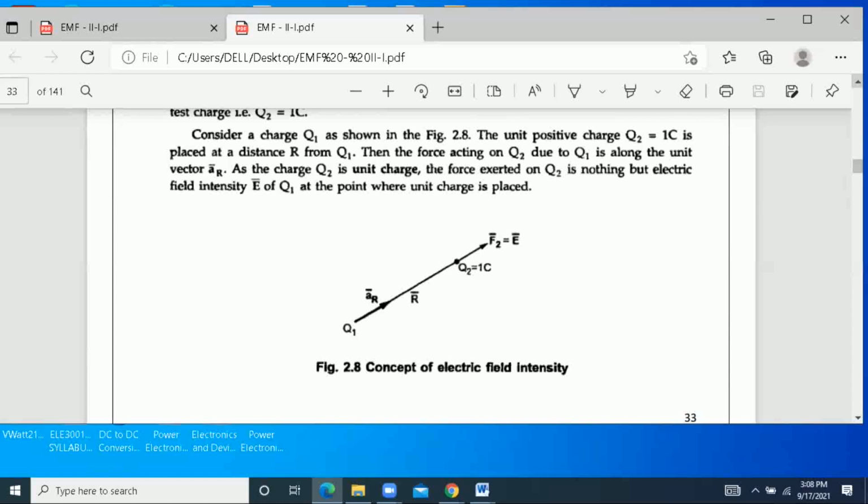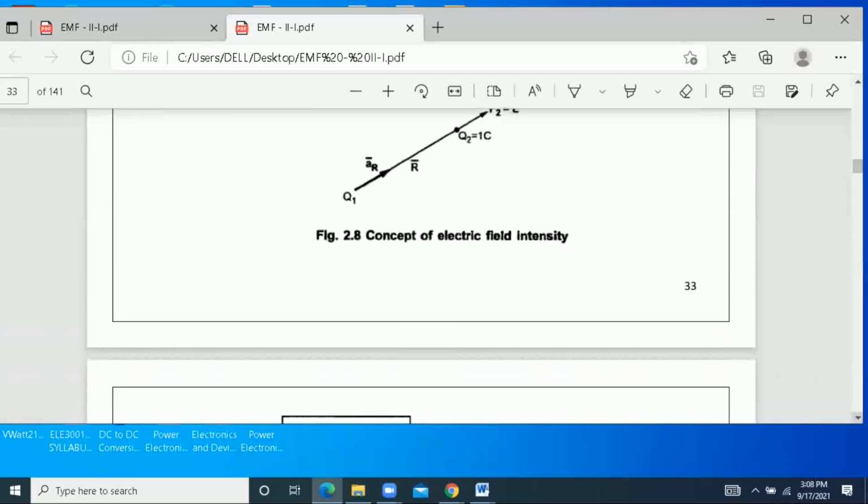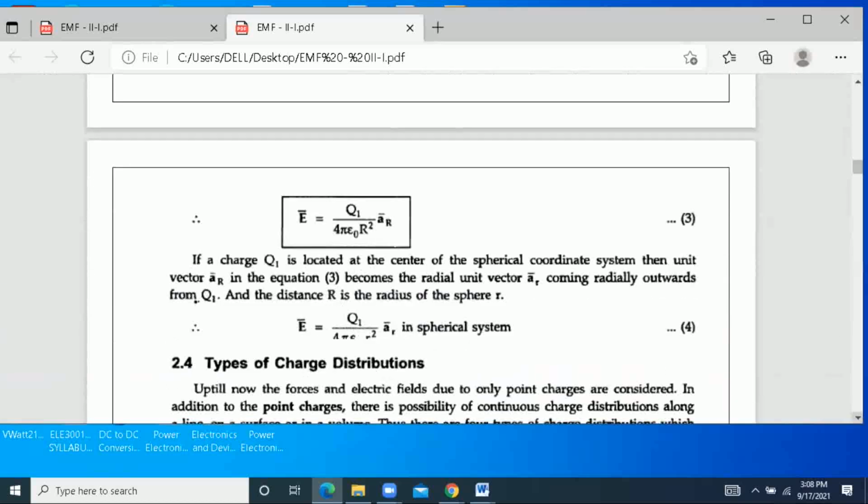So that's the electric field intensity due to a point charge. However, in the real world, we are not restricted to a point charge.